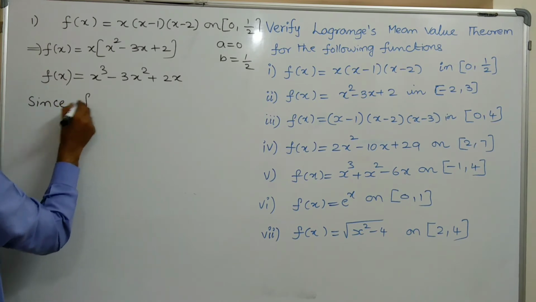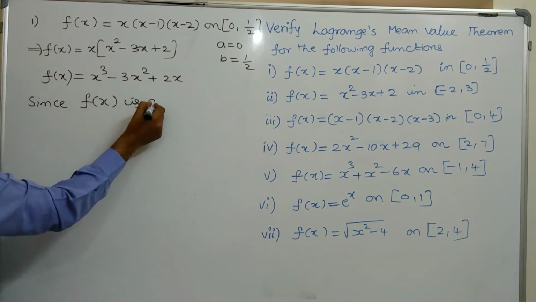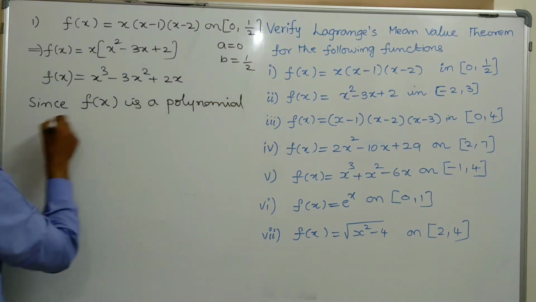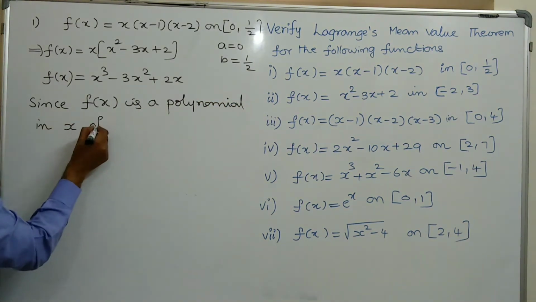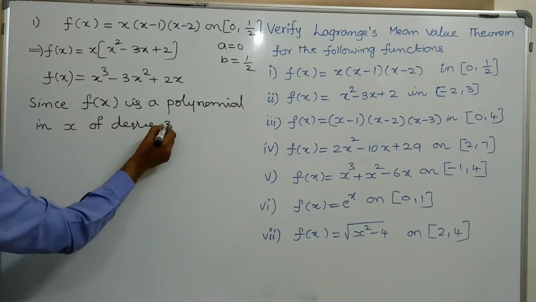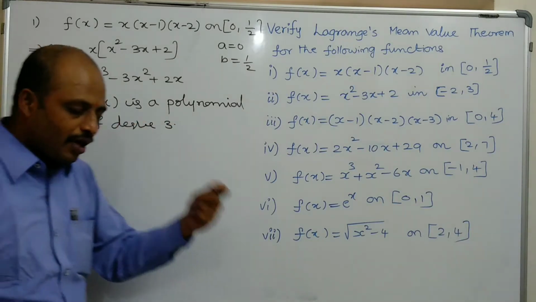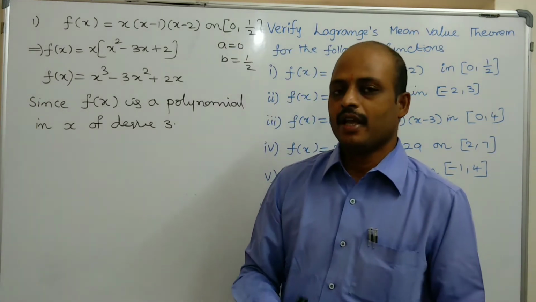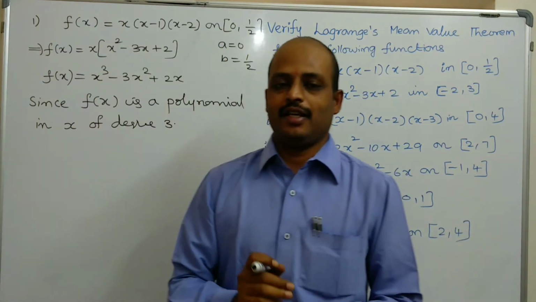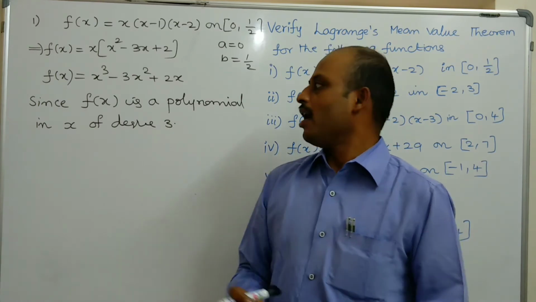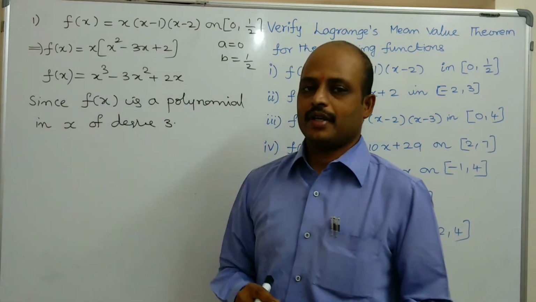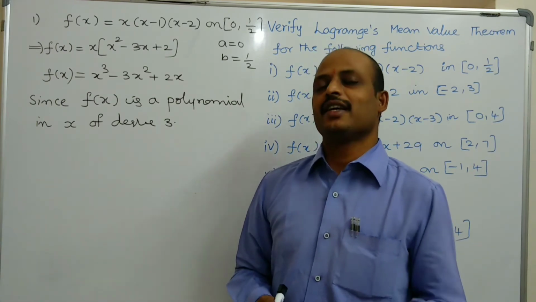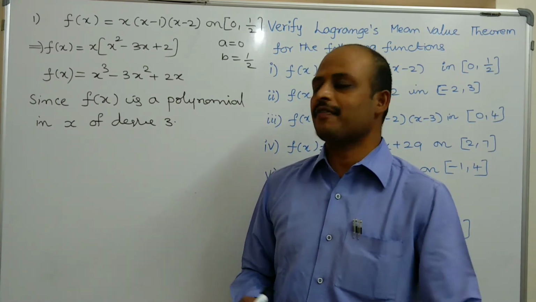Since f of x is a polynomial in the variable x of degree 3, we know that every polynomial in single variable is continuous as well as differentiable. Every polynomial in single variable of positive degree is always continuous and differentiable.